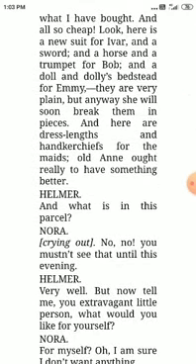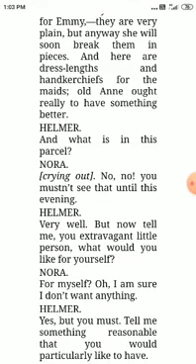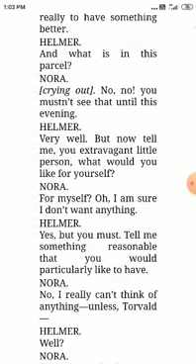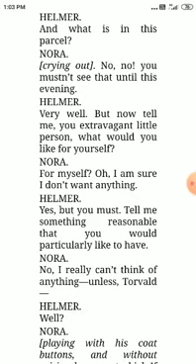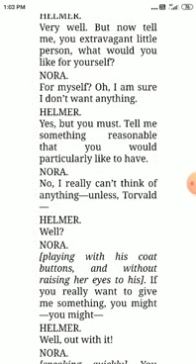Helmer: And what is in this parcel? Nora, crying out: No, you mustn't see that until this evening. Helmer: Very well, but now tell me, you extravagant little person, what would you like for yourself? Nora: For myself? Oh, I'm sure I don't want anything. Helmer: Yes, but you must. Tell me something reasonable that you would particularly like to have. Nora: No, I really can't think of anything, unless, Torvald.